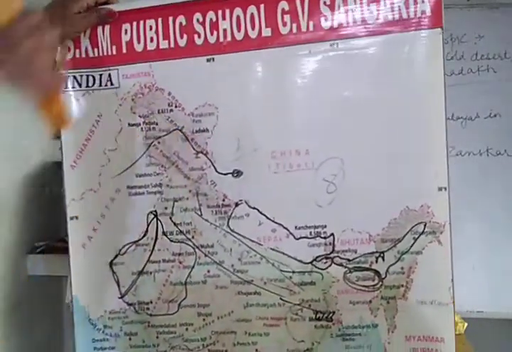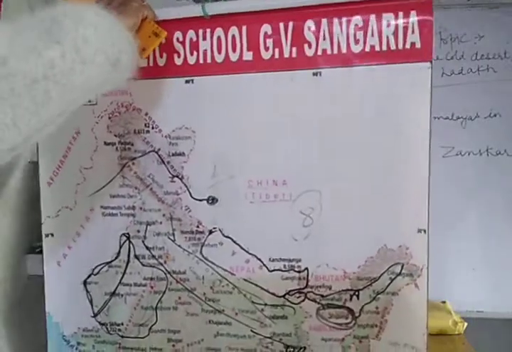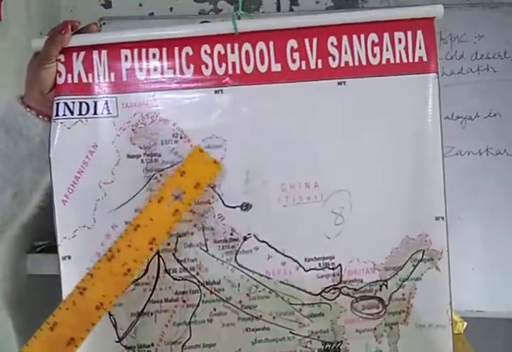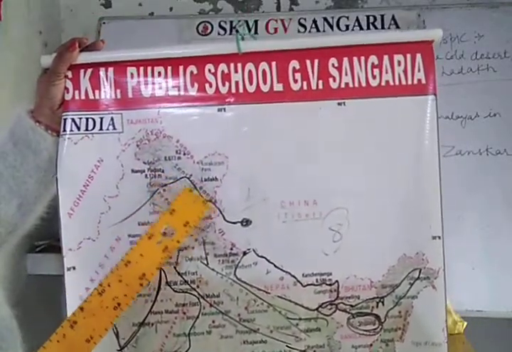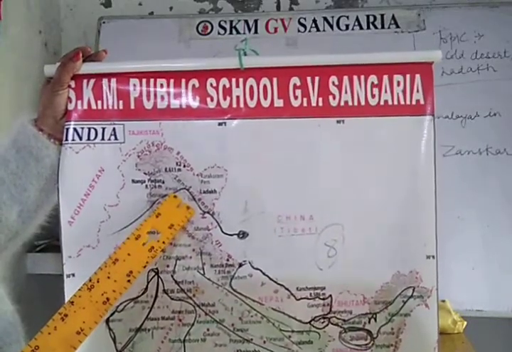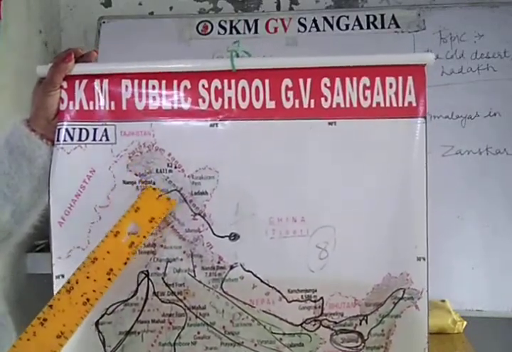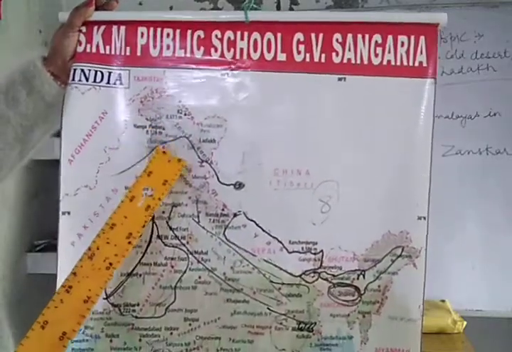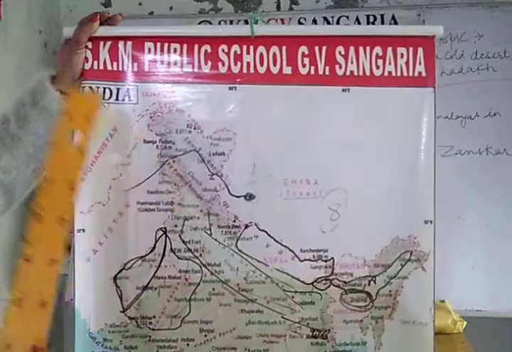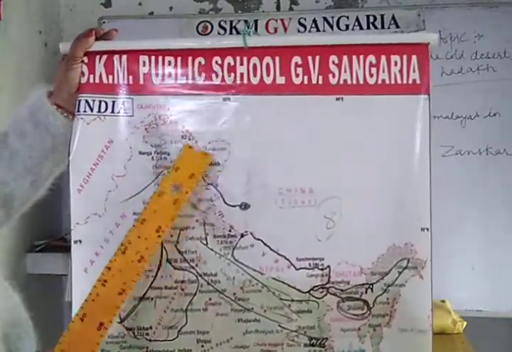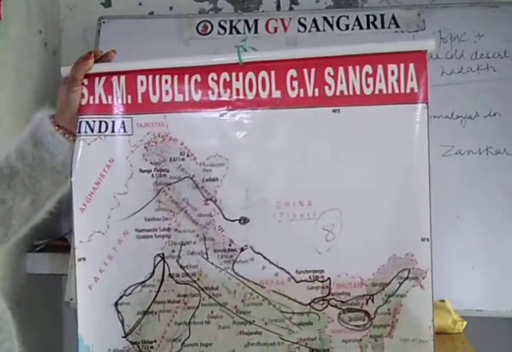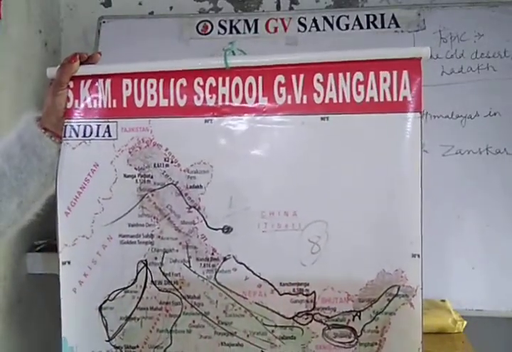This cold desert Ladakh is situated in the Great Himalayas in Jammu and Kashmir, enclosed by the Karakoram Range in the north and the Janskar Mountains in the south. The Indus River flows through Ladakh, and its altitude varies from 3,000 meters to 8,000 meters.